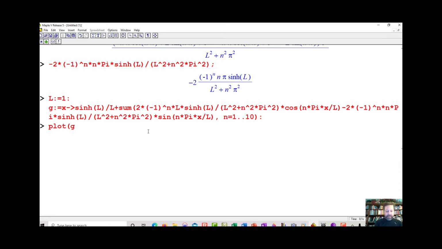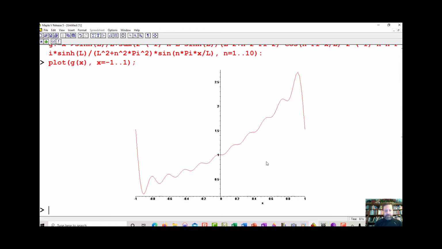I'm going to plot the function g of x between -1 and 1. Let's see if we're lucky. We get something that looks fairly well right. We're expecting this to look like e to the x.